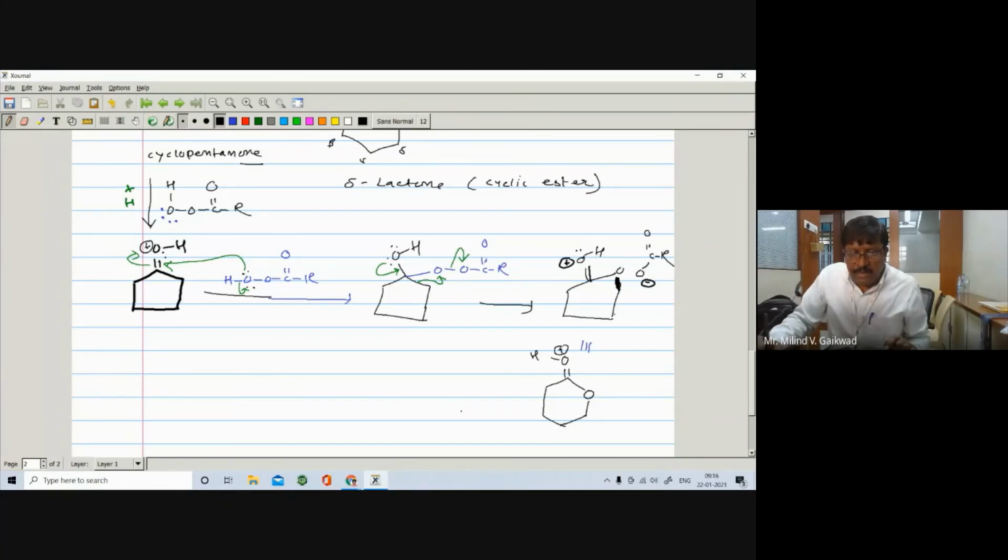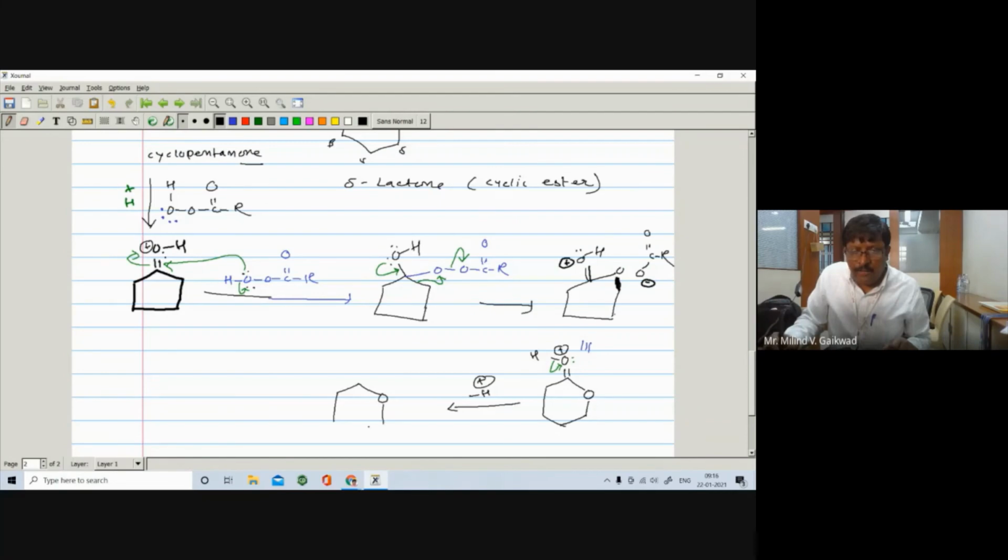And the last step is deprotonation, removal of a proton. So the sigma bond will open on the oxygen. Oxygen regains its lone pair. Previously it was having 1 lone pair. Now again it regains its lone pair, and you are getting the corresponding 6-membered ring compound. So here you are having oxygen.